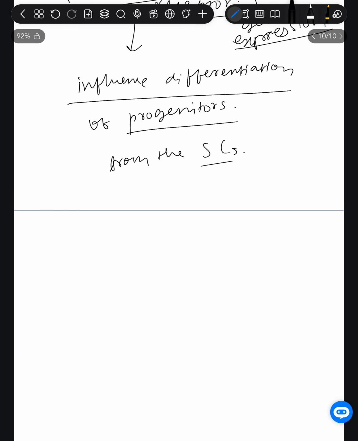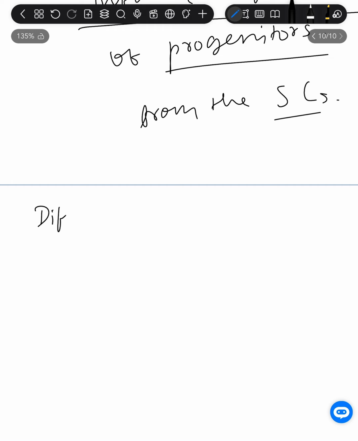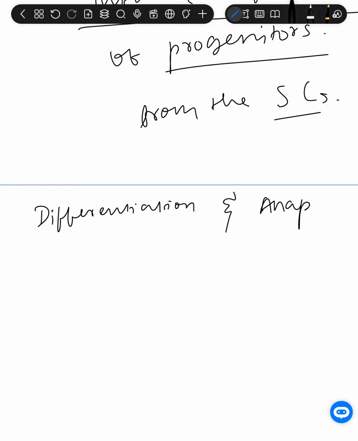and anaplasia. What is differentiation and anaplasia? If we talk about differentiation and anaplasia, let's just write this topic. It's always like that, we always study these topics together. If you see in any kind of book, be it Robbins, be it Harshmohan, be it Ramdas, be it Kataya, in any book, it's always written together.